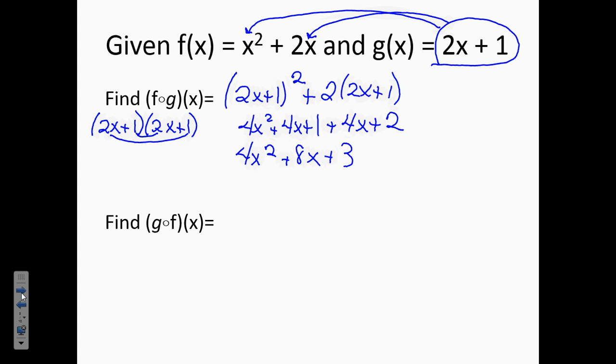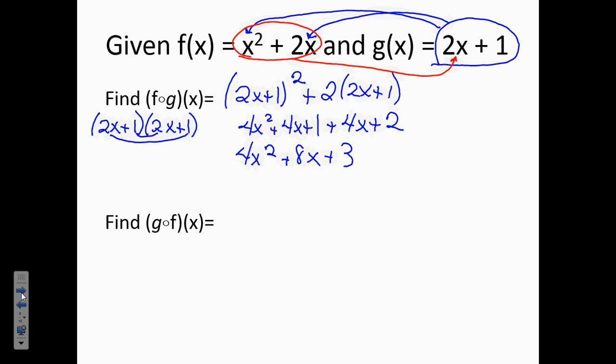What if they ask you to go the opposite way? Find g composed with f. Absolutely. Plug in the f for any x's that we see in g. So this is saying take all of this and put it in everywhere you see an x over here.